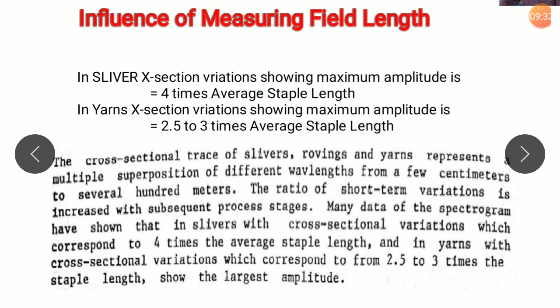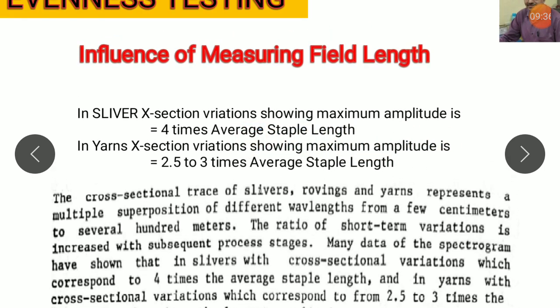So the maximum amplitude of the variations corresponds to 7 centimeters in case of yarn, and in case of slivers it corresponds to 10 centimeters. Below 1 inch length nobody is using it to make quality yarns. It can be for waste material yarns, but for a quality yarn, the minimum length should be 1 inch or higher.